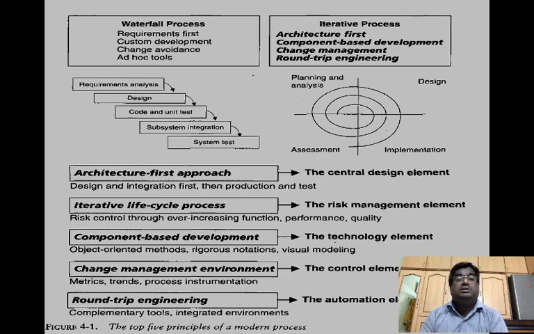Object oriented methods, rigorous notations, and visual modeling are possible. The components are available. Change management environment, metrics, trends, process, and instrumentation are followed. All metrics and software economics principles are followed here. The controlling of the project is possible because of change management. It allows round trip engineering, making several iterations. In each iteration, some amount of work will be developed. In the second iteration, any risk that is found can be solved.